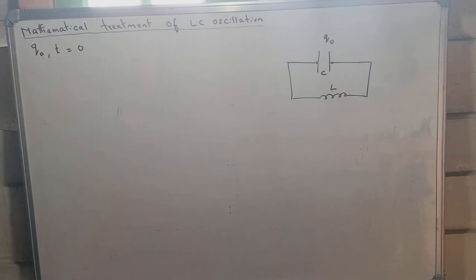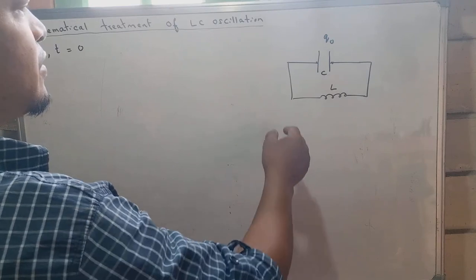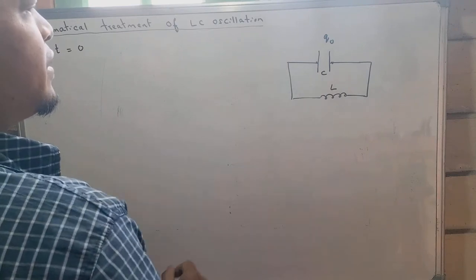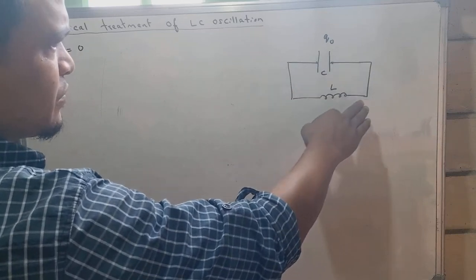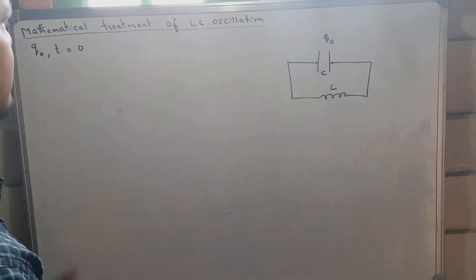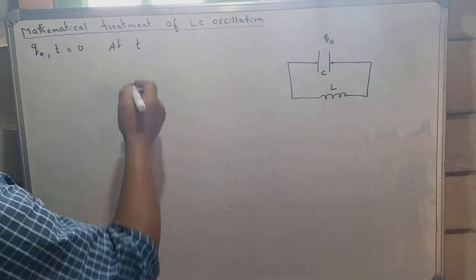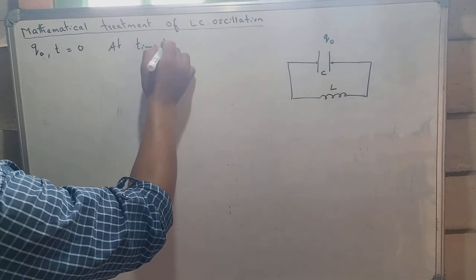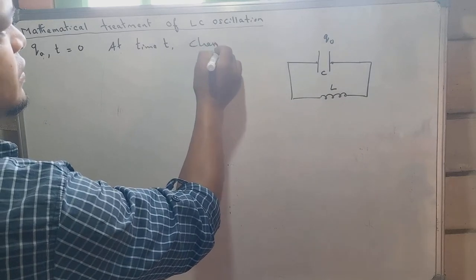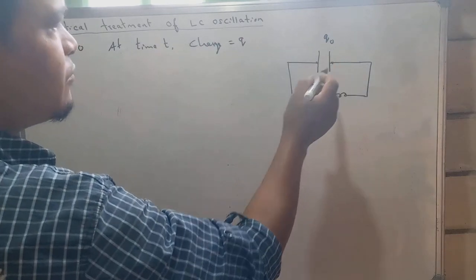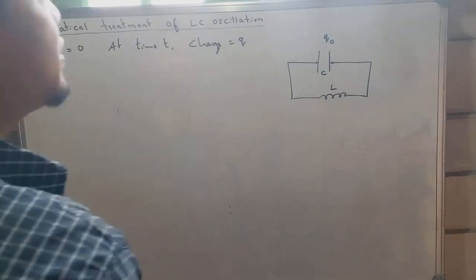Then when you connect the capacitor to the inductor, the charge will start moving through the inductor. Suppose at a time t the charge left in the capacitor is small q.